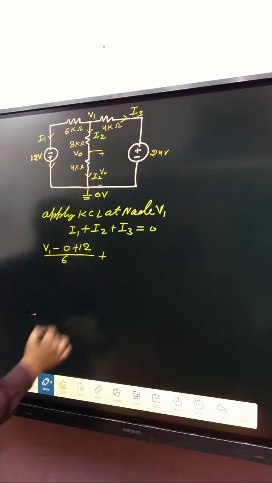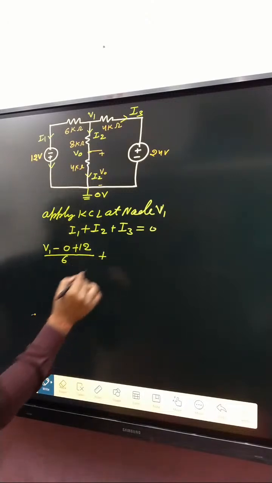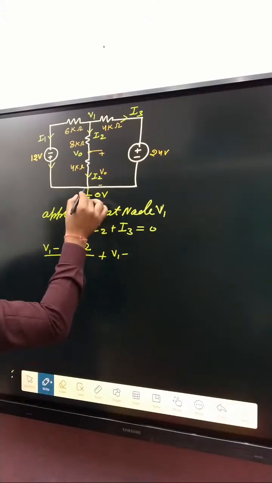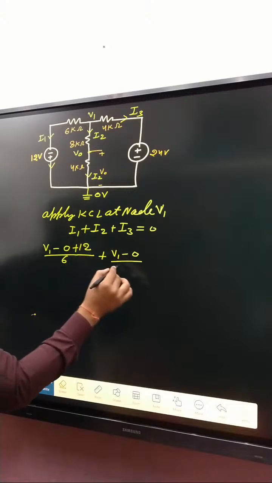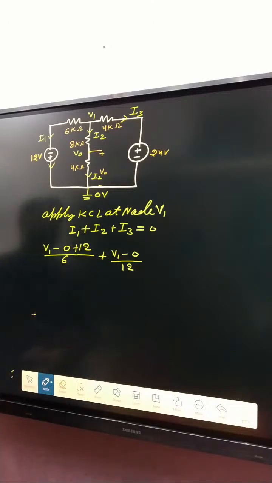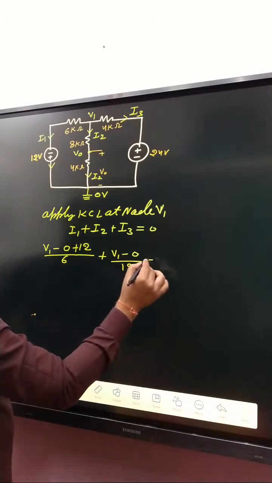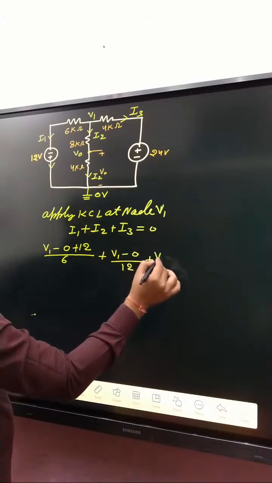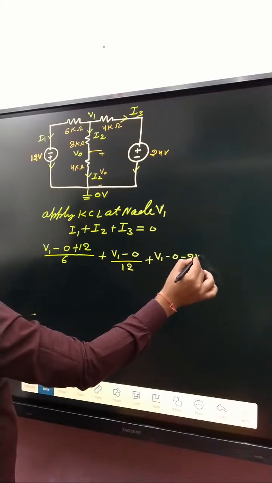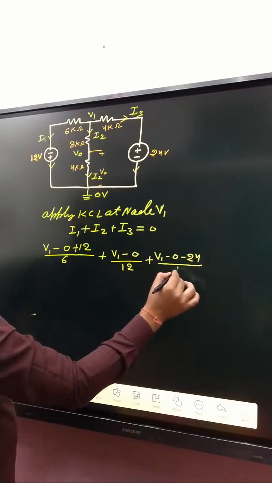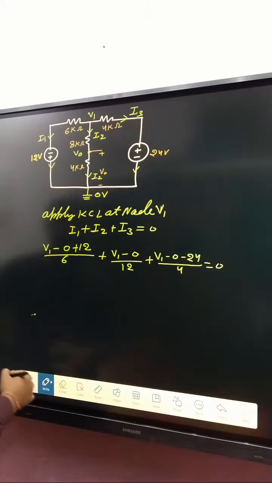I2 is V1 minus 0 divided by the total resistance 8 plus 4, that is 12. I3 is V1 minus 0, current leaves from the negative terminal, so minus 24, divided by 4, is equal to 0.